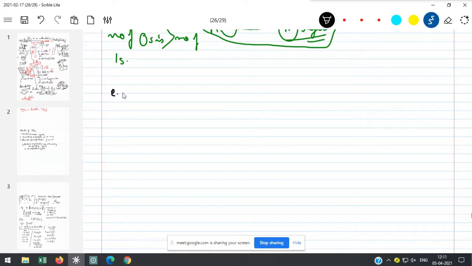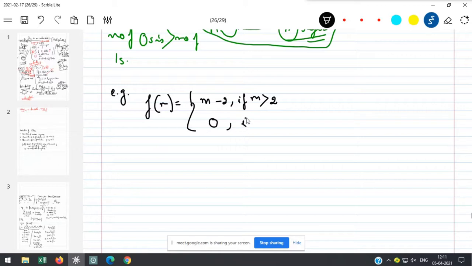Let me take one example. Here is a function f of m: m minus 2 if m is greater than 2, and 0 if m is less than or equal to 2.